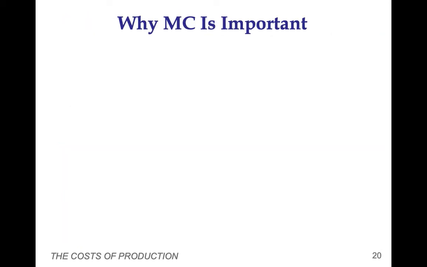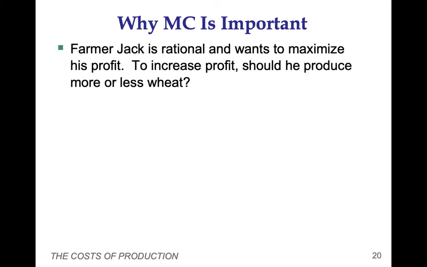So why is the marginal cost important? Here I remind you of the principle that rational people think at the margin. The marginal cost explains this principle. Farmer Jack is rational and wants to maximize his profit.